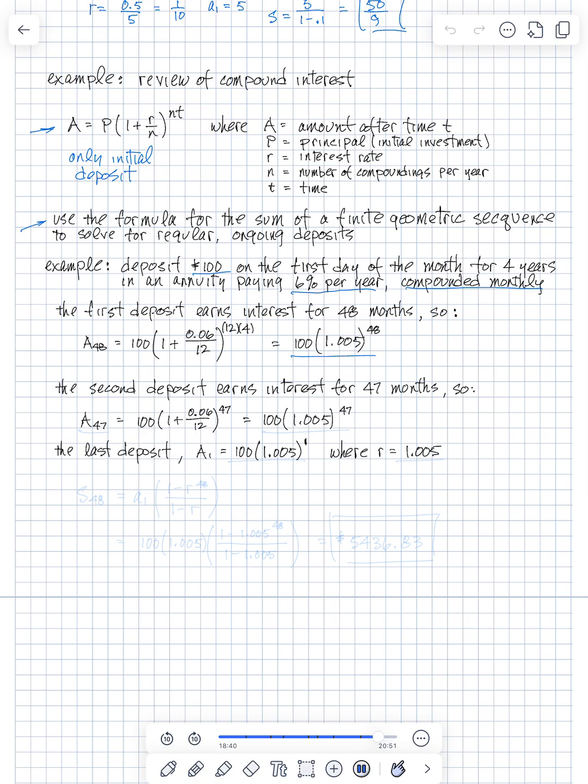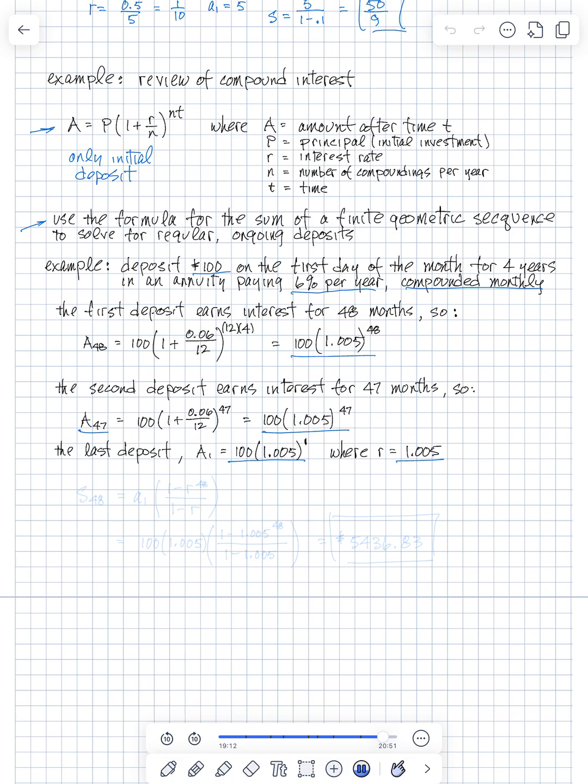The second deposit earns interest for 47 months, so A47 looks like this. And if we were to do the last deposit, A1 is equal to 100 times 1.005 to the first power. So r is equal to 1.005.